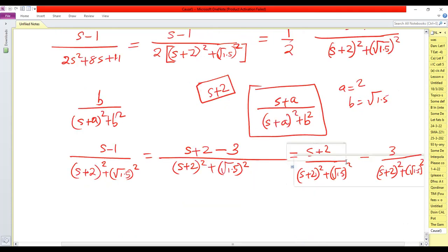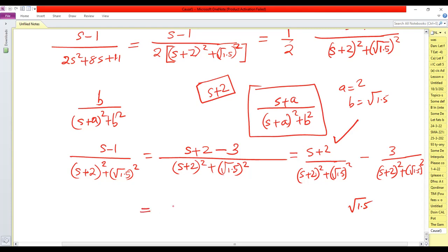At least now this has a standard transform that I can easily provide. But the structure of the denominator dictates that the b should be square root of 1.5. So I'm also going to force a square root of 1.5 in the numerator here, but balance it so that I still have my value of 3.